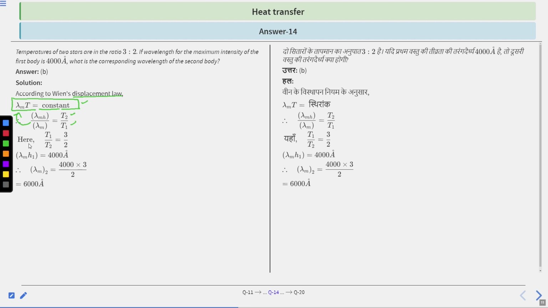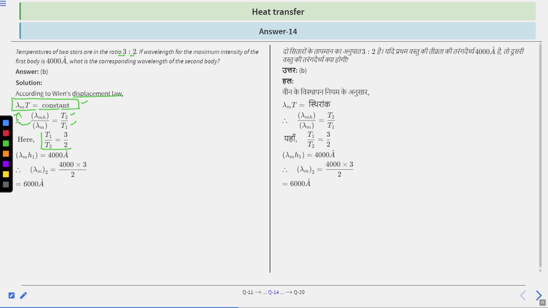Here, the ratio is given. The temperatures of the two stars are in the ratio 3:2, so T1 upon T2 is equal to 3:2. Clear?